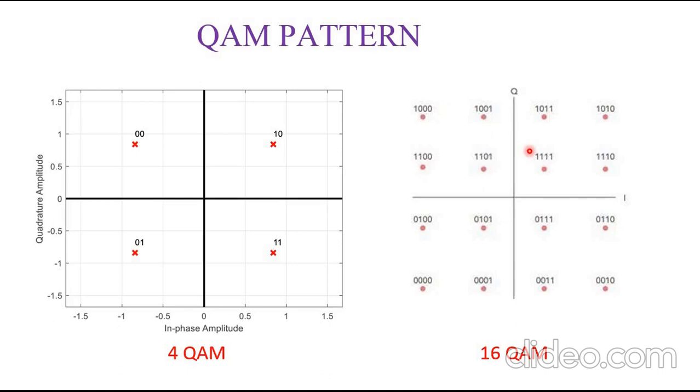So this is how QAM is there. This is the 16 QAM diagram, and those are the constellation points, where you can see that with respect to the center, the distance is the amplitude. So from the center to the constellation point is the amplitude. Here amplitude is changing as well as phase is changing.